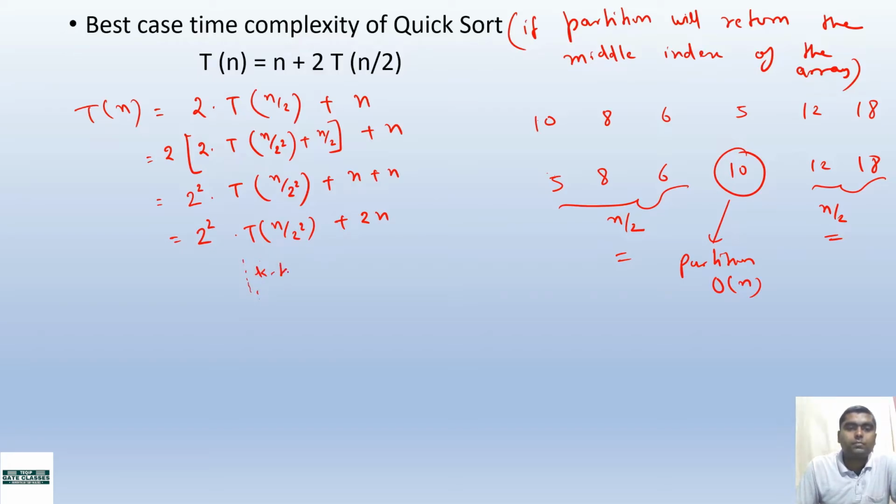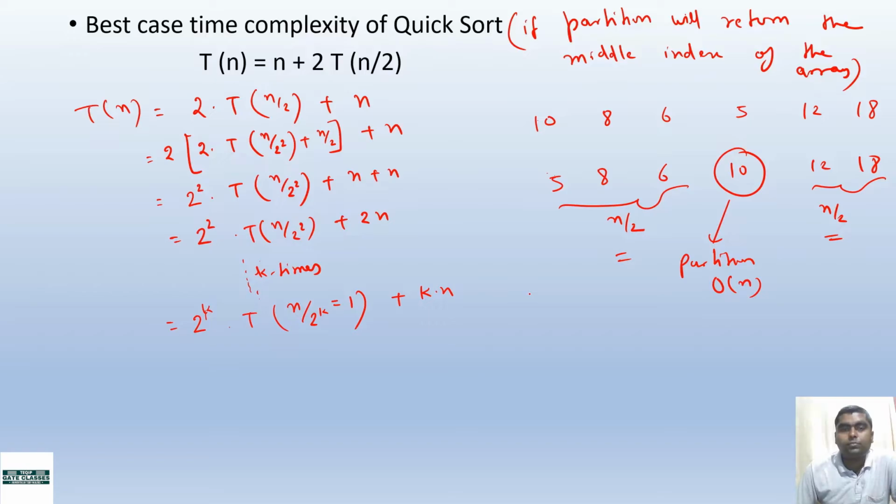If I repeat this process k times, the result is 2 raised to the power k into T(n upon 2 raised to the power k) plus k n.